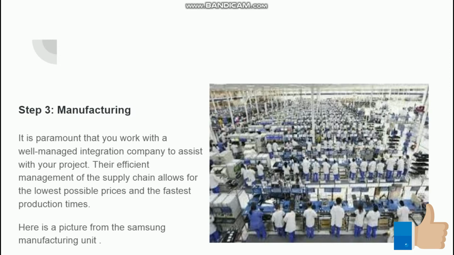Step 3 is manufacturing, and it is one of the most important processes in the whole manufacturing of smartphones. It is very crucial that companies work with a well-managed integration company to assist them with their projects, so that they can be reliable enough.